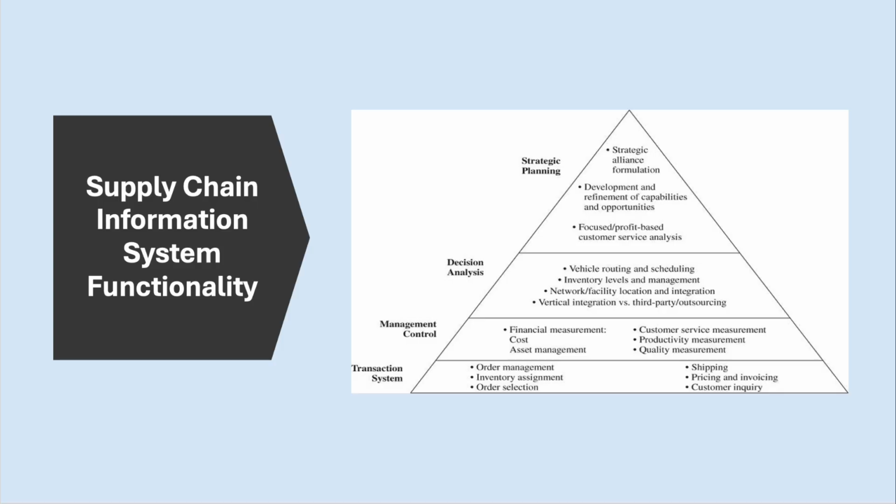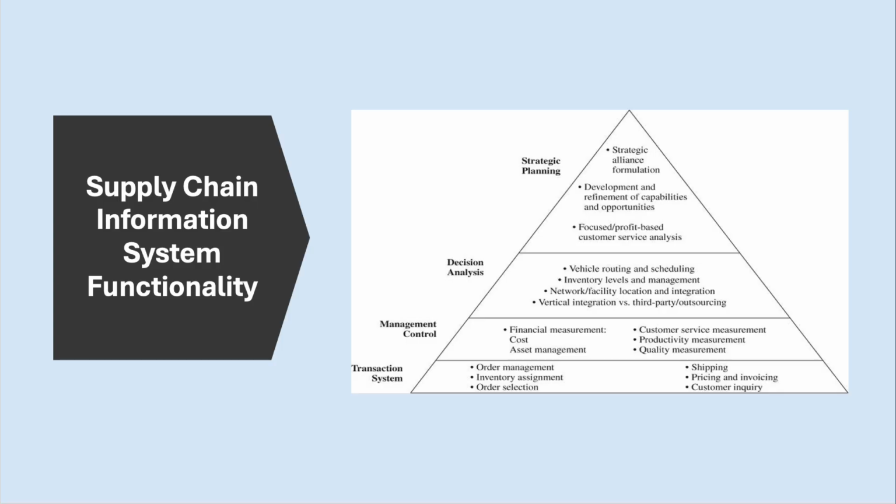At the decision level, it helps evaluate alternatives and improve operations. At the strategic level, it helps the firm make larger decisions about supply chain design, partnerships, capabilities, and customer service strategy. This framework reminds us that information systems are not only technical tools, they are management systems.